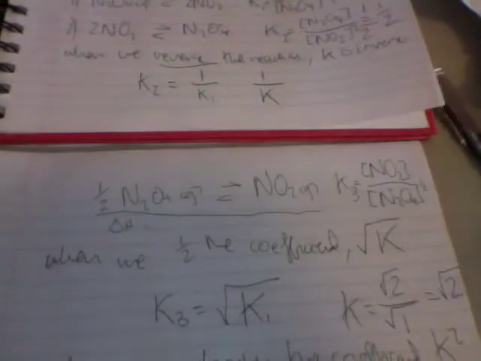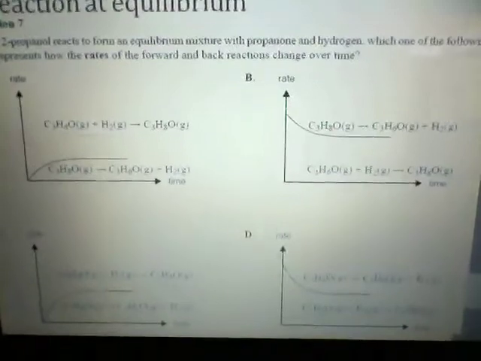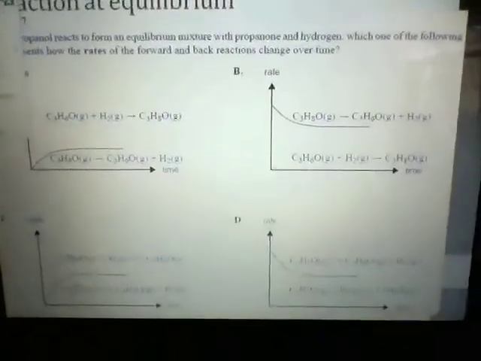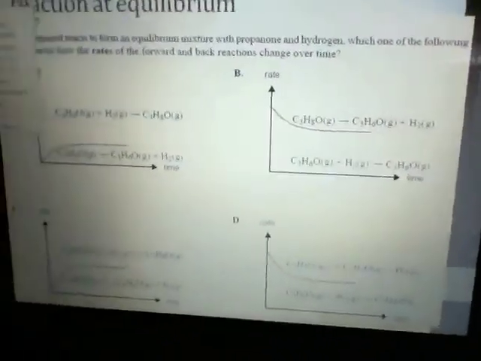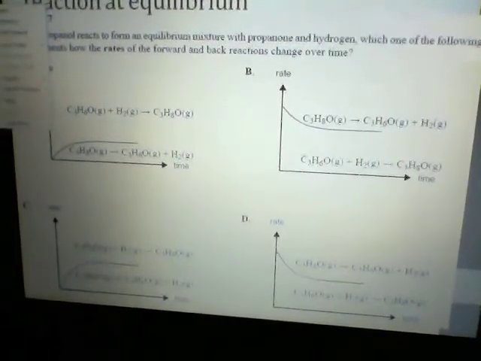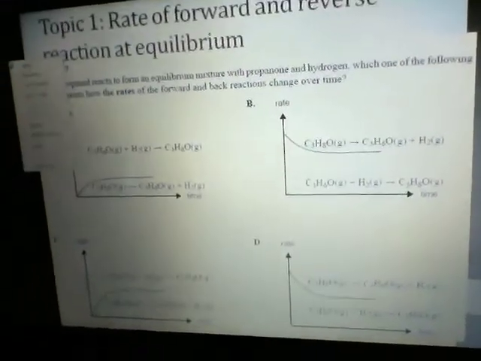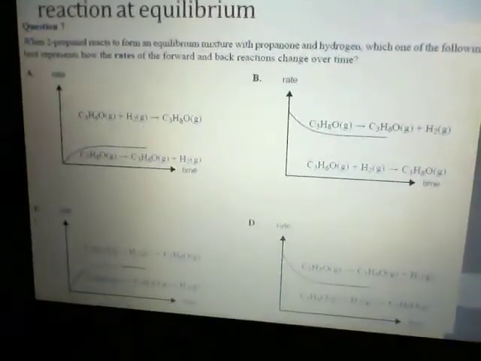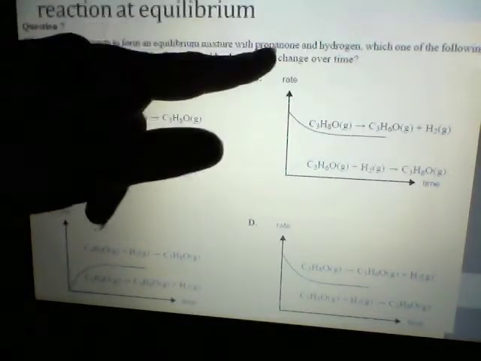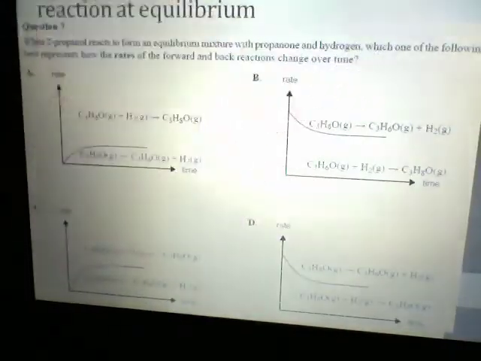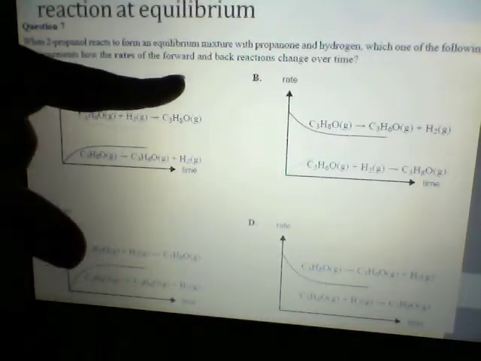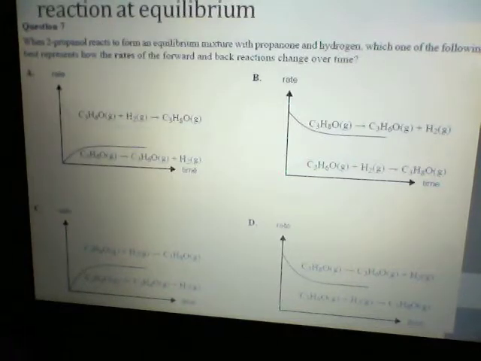Now, we're going to do a couple of examples. The first example we're going to do, people got that with you? Now this is talking about the rates of the forward and the reverse reactions at equilibrium. The question says, when 2-propanol reacts to form an equilibrium mixture with propanone and hydrogen, which one of the following best represents how the rates of the forward and back reactions change over time?